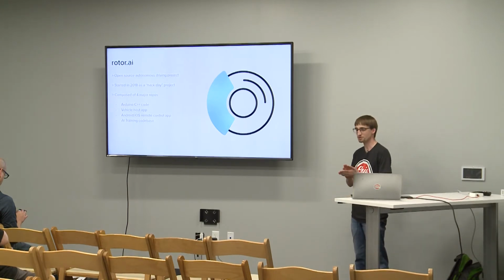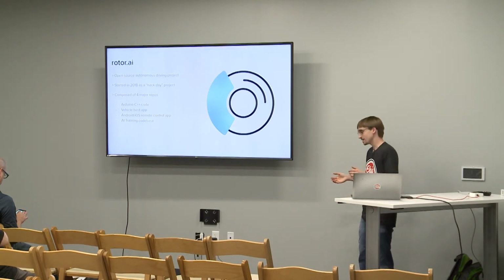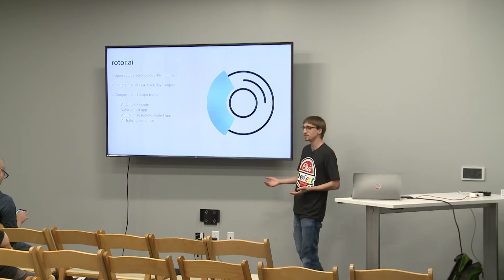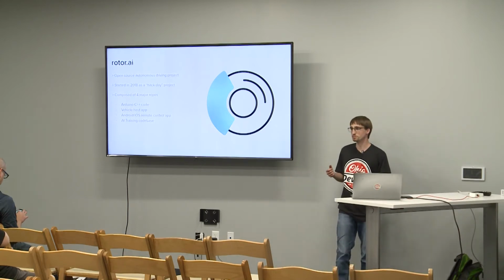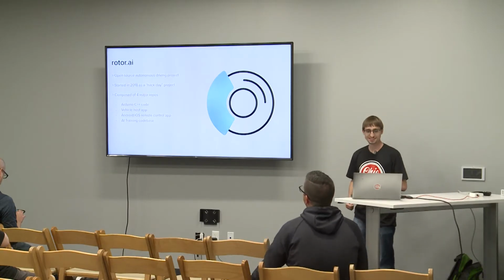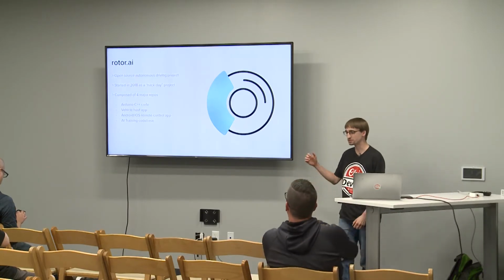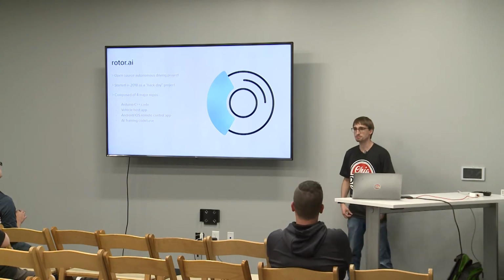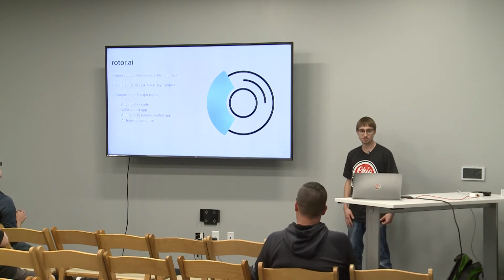So, Rotor AI, the main goal of the project is to eventually develop a self-driving, autonomous RC car. It's a very long road ahead of us, pun. But anyways, we started about a year ago, myself and a friend over at a machine shop.